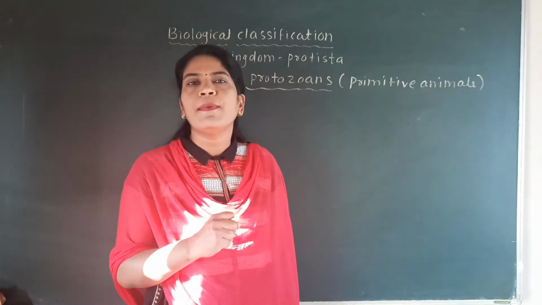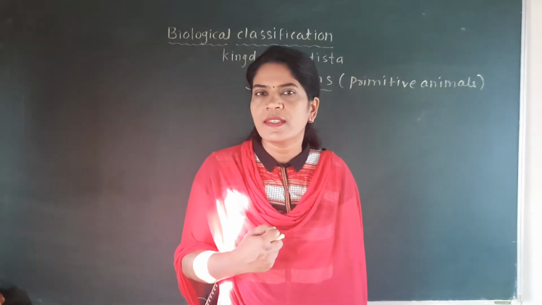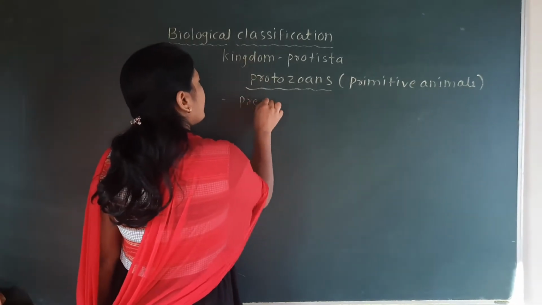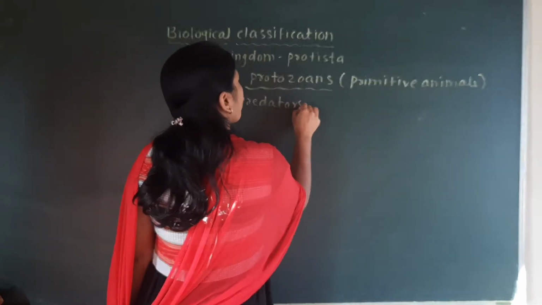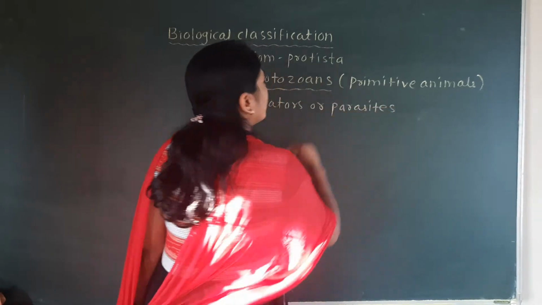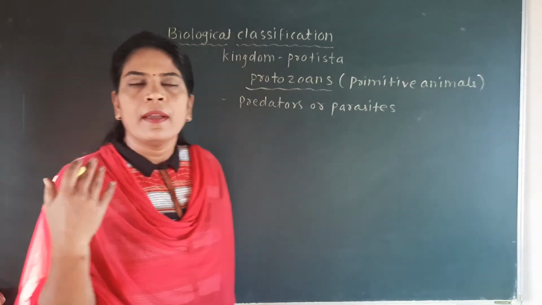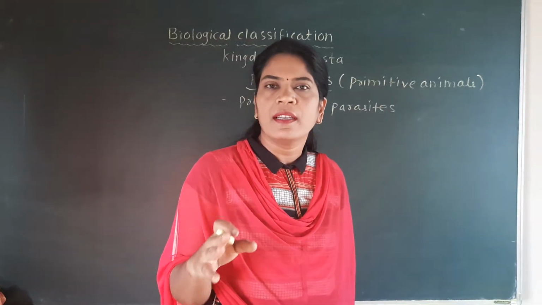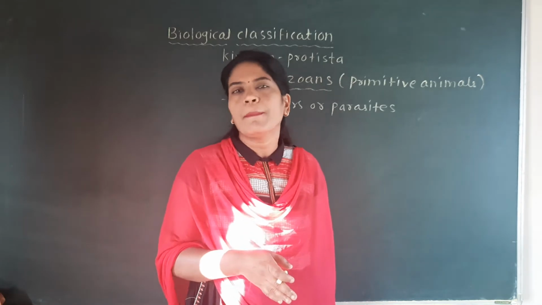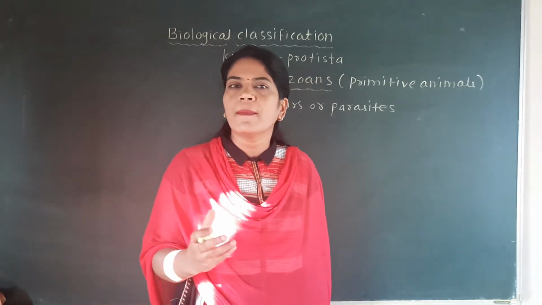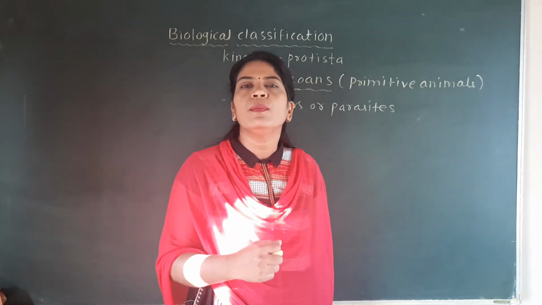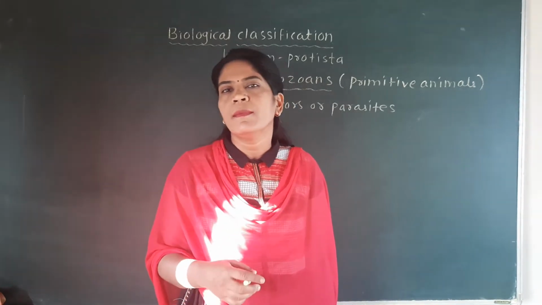The main important characteristic of these protozoans is that they are mainly predators or parasites. That means sometimes they live inside the body of another organism, which we call a parasite, while sometimes they capture prey and fulfill their nutritional requirement, and that is called a predator.